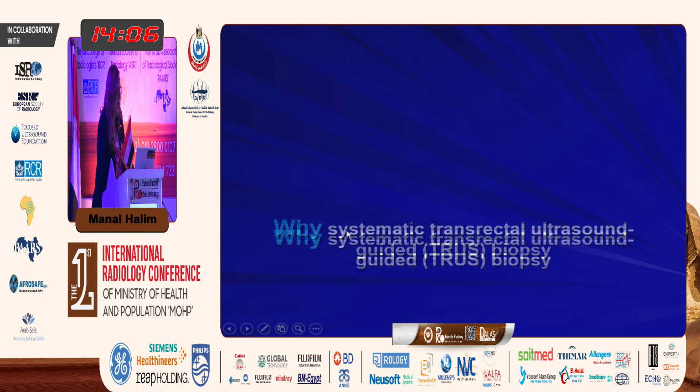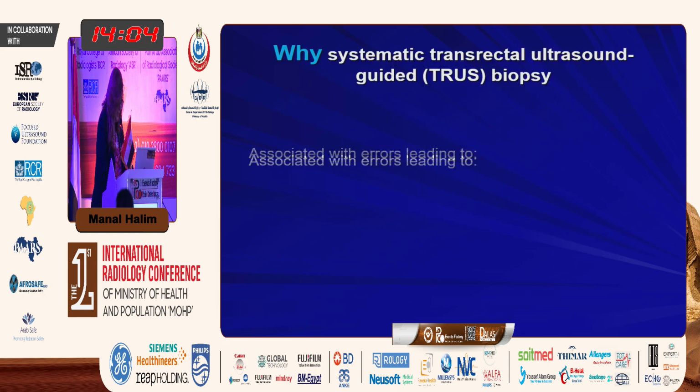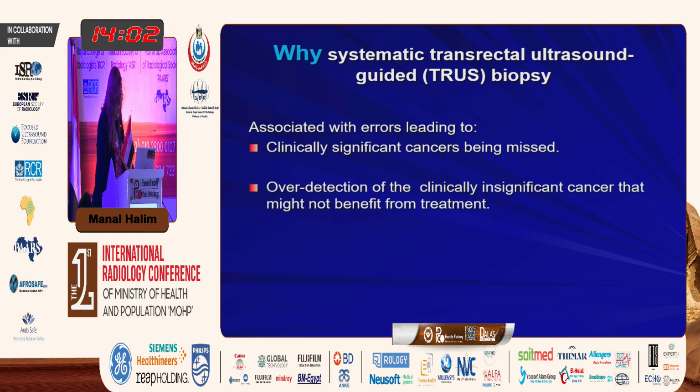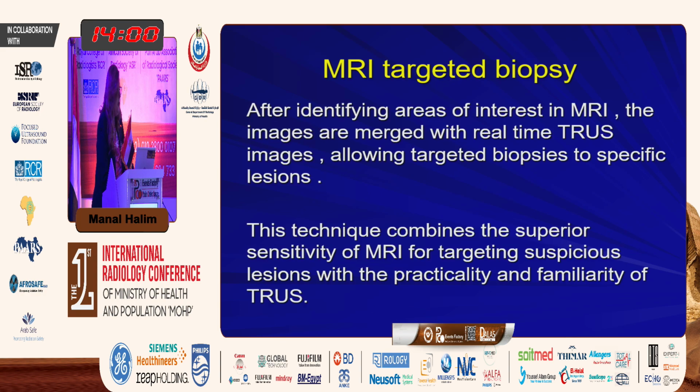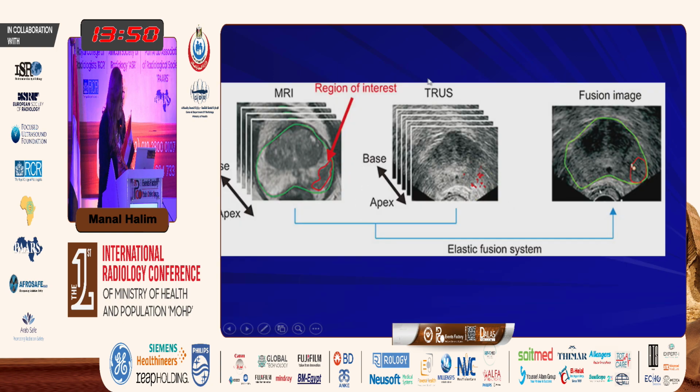It's the MRI targeted transrectal ultrasound biopsy. After identification of areas of interest in the MRI, the images are merged with the real-time transrectal ultrasound, allowing targeted biopsies of specific lesions. What do I mean by this? I mean we take images, multiple slices by MRI, and then we determine the region of interest.